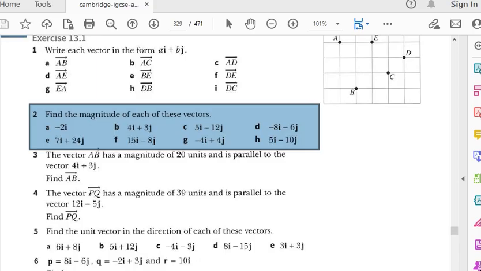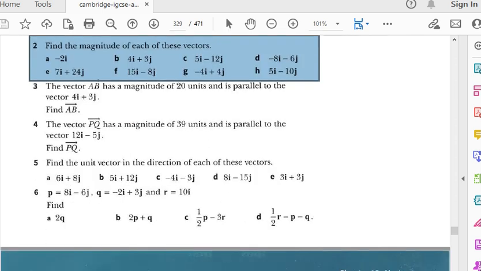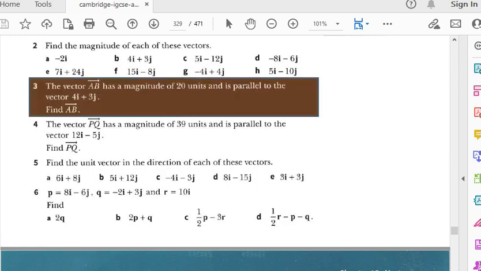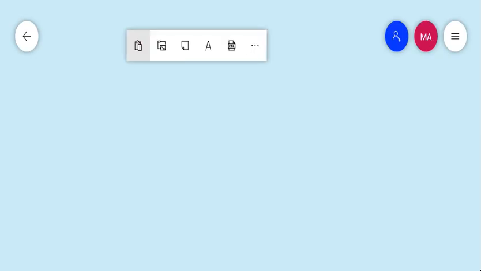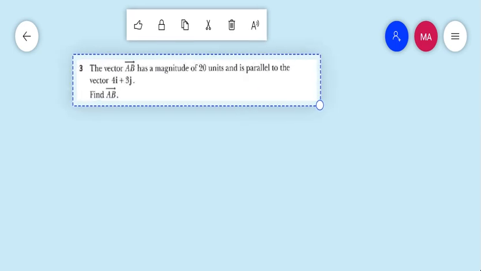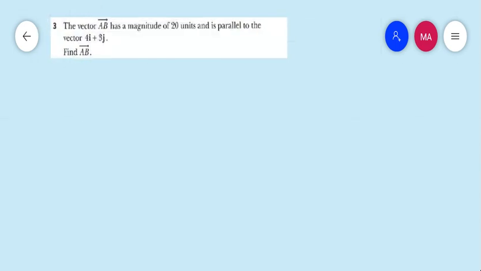What is question number 3? The vector AB has a magnitude of 20 units.